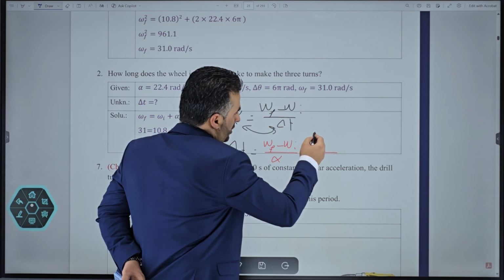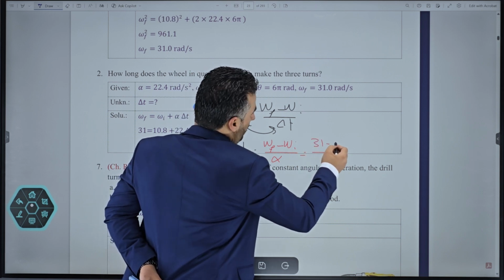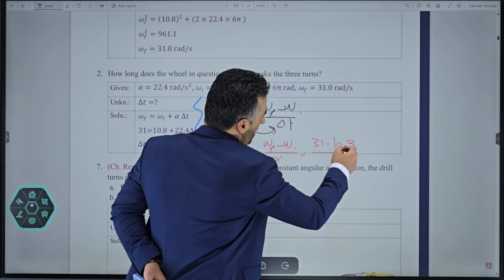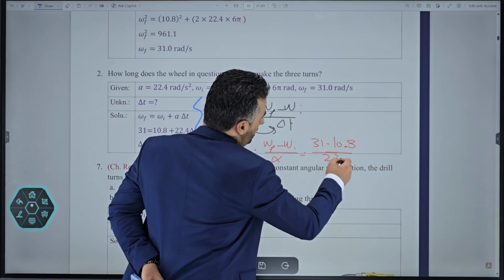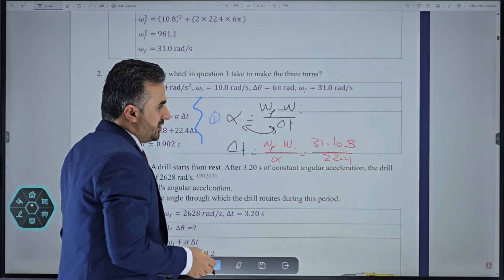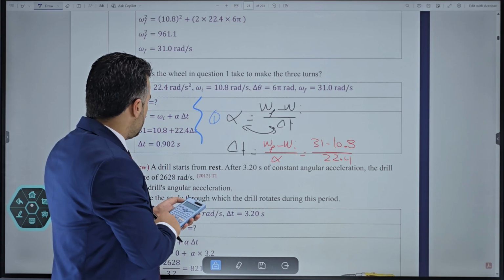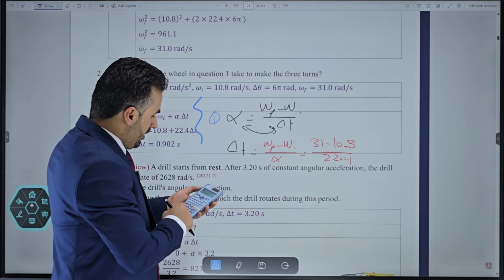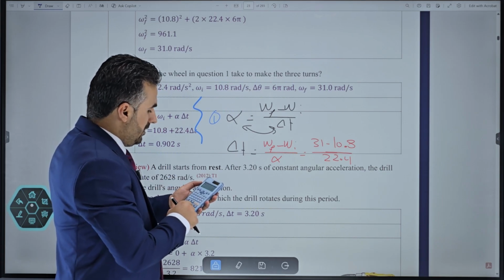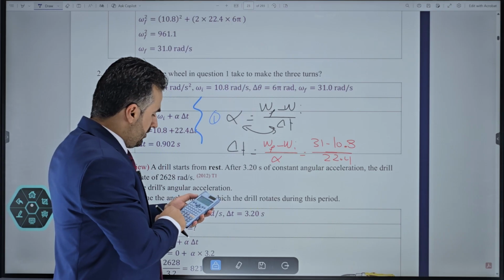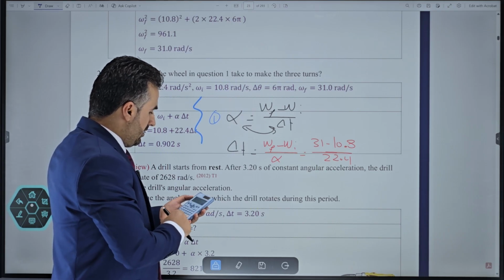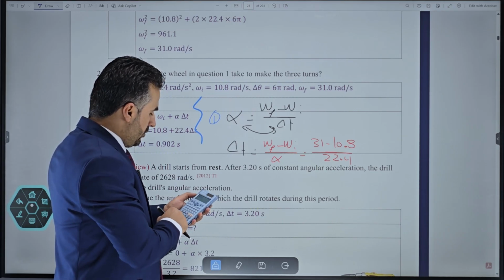So what is final? We just found it was 31. What is initial? 10.8. And then the angular acceleration is 22.4. Let's just do the math and see what it is equal to. 31 minus 10.8, and then that is divided by 22.4.